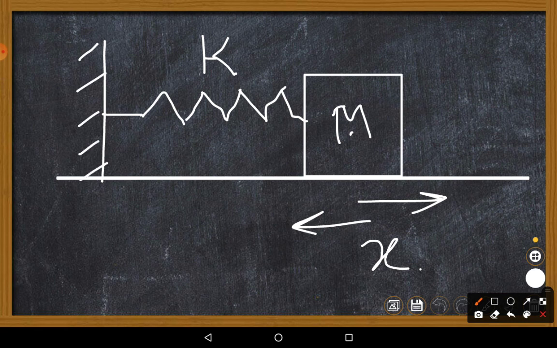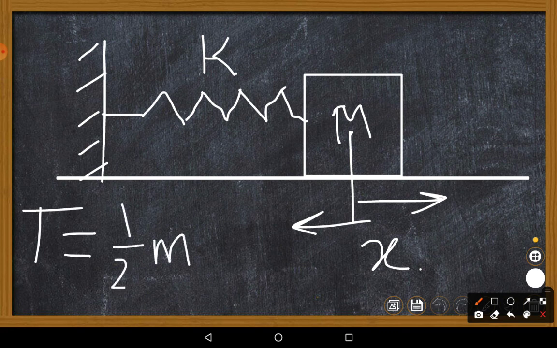So what's the kinetic energy of the system? Well, note that this is the natural position of the system. T, kinetic energy, is half m x dot squared. We write half m v squared, so basically it is half m x dot squared.